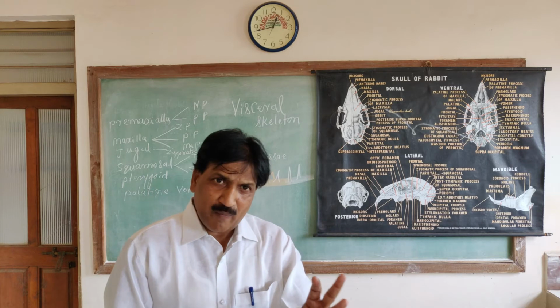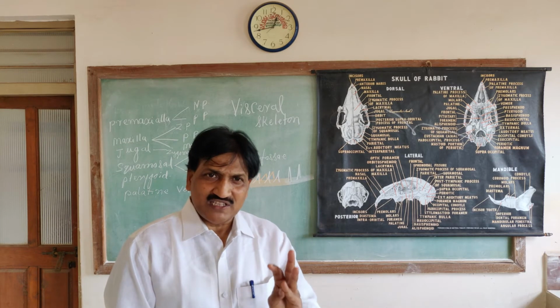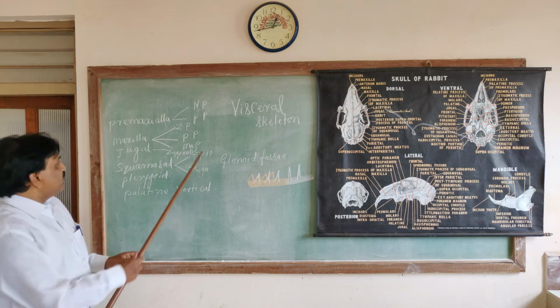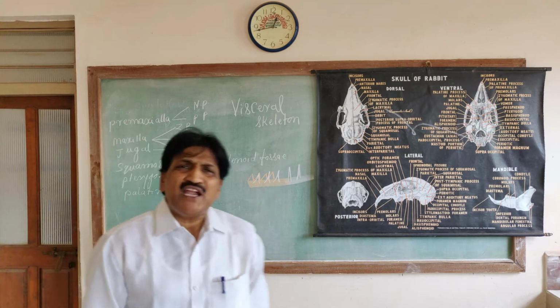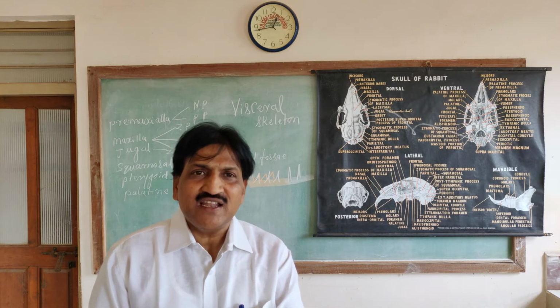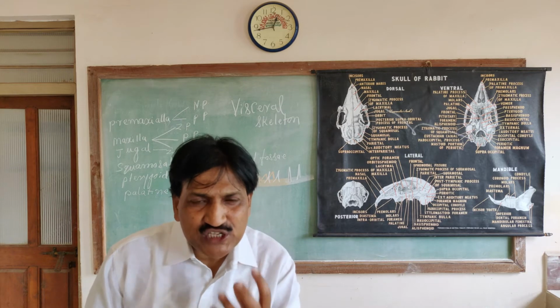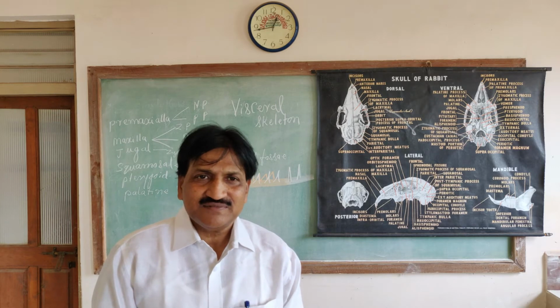One is called the zygomatic process, the second is the maxillary process, and the third is the palatine process. The maxilla is a major bone of the upper jaw, bearing six sockets, present behind the premaxilla.